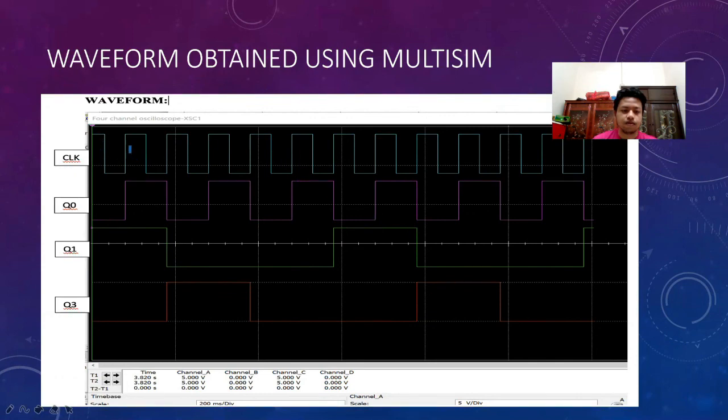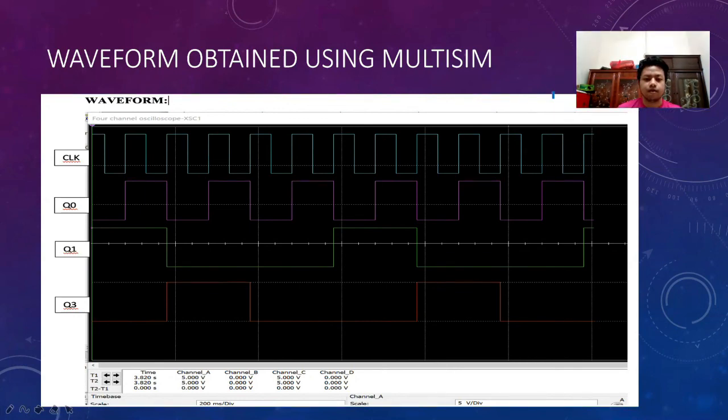So here is the first, second, third, fourth, fifth, and sixth. After this line, it will reset again. So it is the same as before, it will be reset. This waveform proves that theoretically after the 6 rises, it will reset.